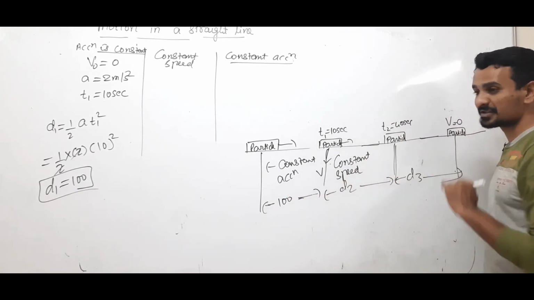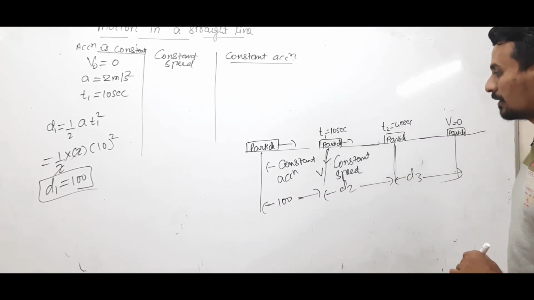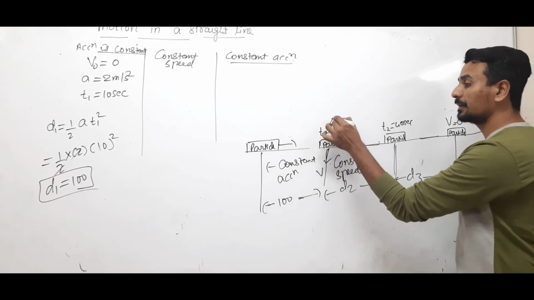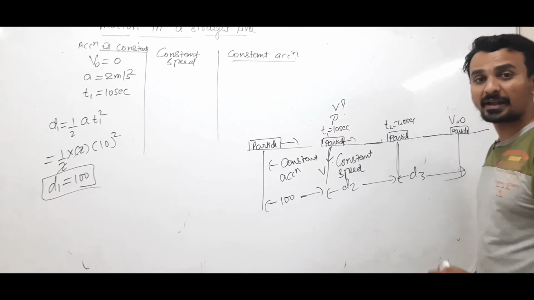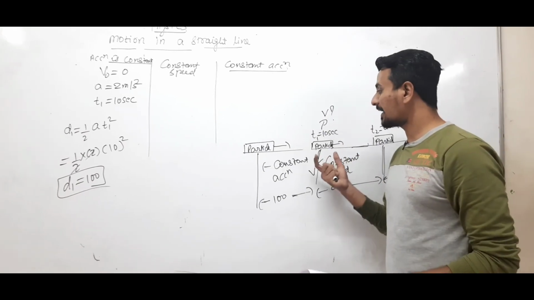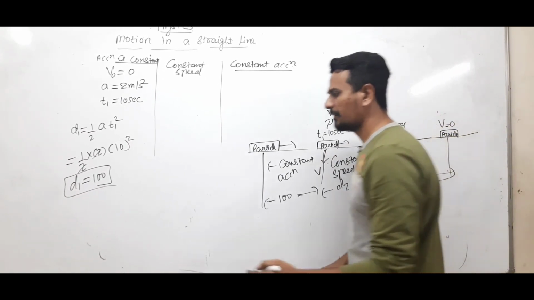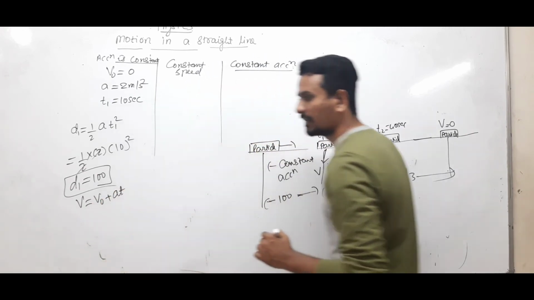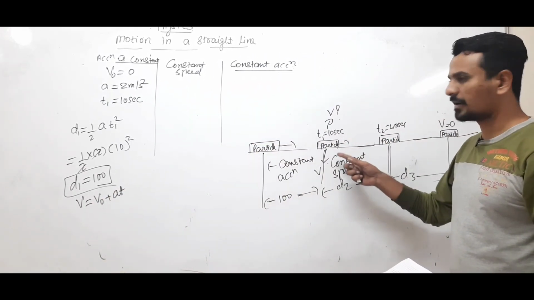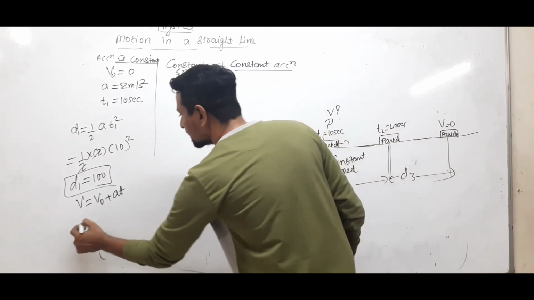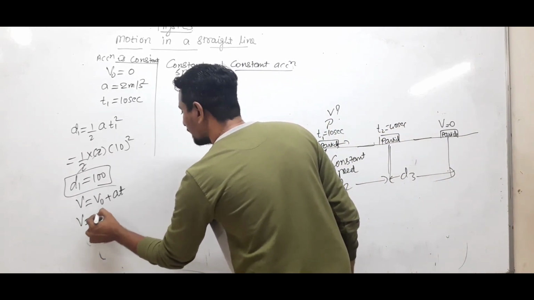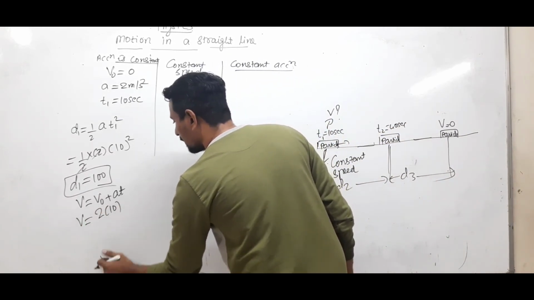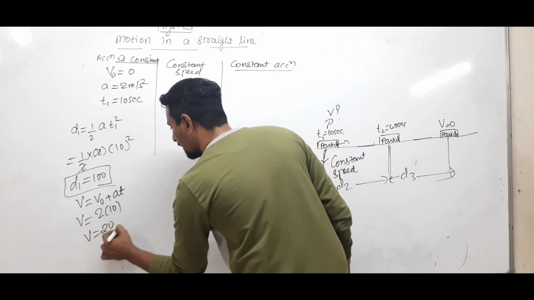Now it is moving with constant speed. We don't know the speed of the particle here, so we need to calculate the speed of the particle at 10 seconds. We can use the equation v equals v0 plus at. Initial velocity is 0, acceleration is 2, time is 10, so velocity is 20.